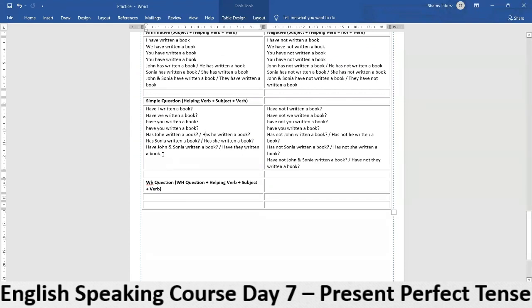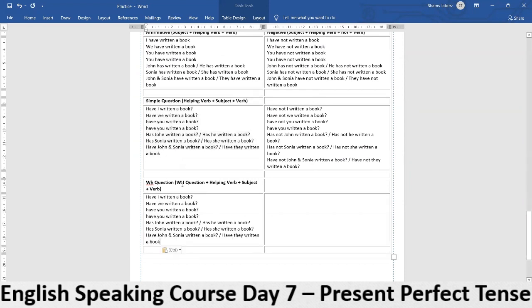So here in the simple question, it is like a WH question, right? And then we have helping verb, then subject, then verb. So if we add a WH word to it, then it becomes a WH question.